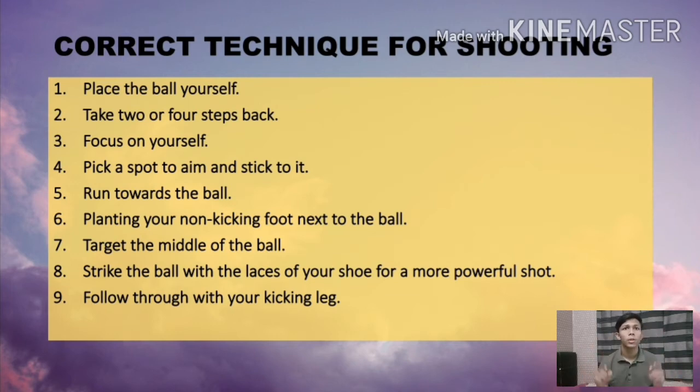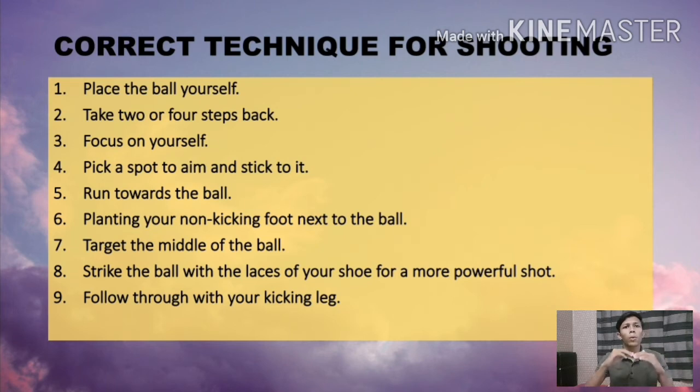7 is kick the middle of the ball. Okay, this is the ball. There are 3 points of the ball: top, middle and bottom. If you kick the top of the ball, your shot will not get maximum power, so it's maybe a slow ball.